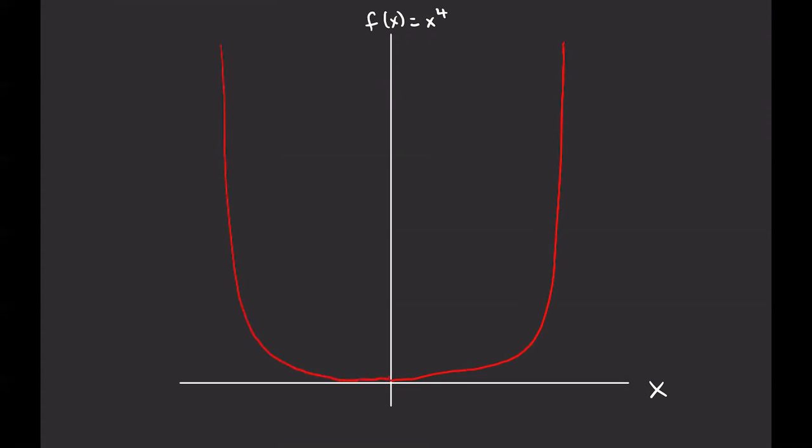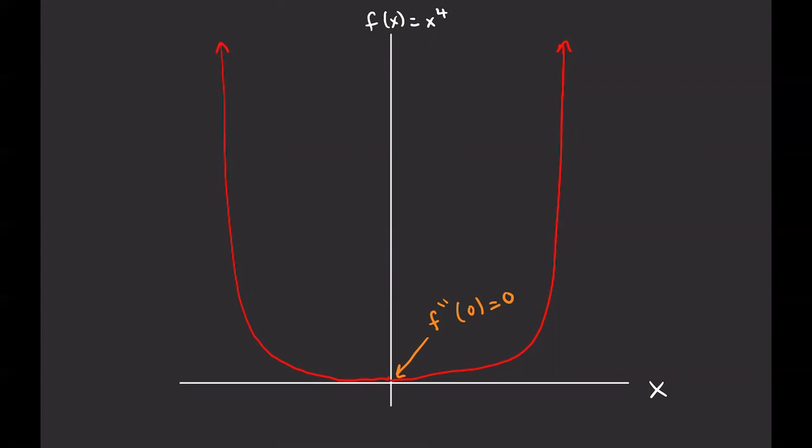So this is a rough sketch of x to the fourth here. And it turns out that at that point, right there at the origin, f double prime of 0 equals 0. And so the second derivative is equal to 0. So a lot of people say, oh, great, inflection point, inflection point, inflection point.